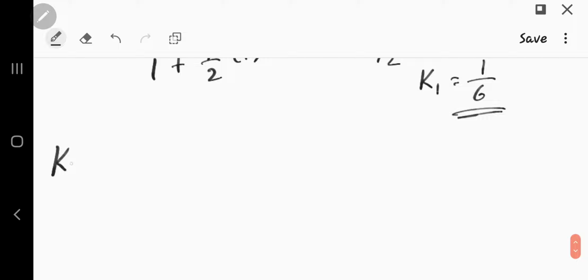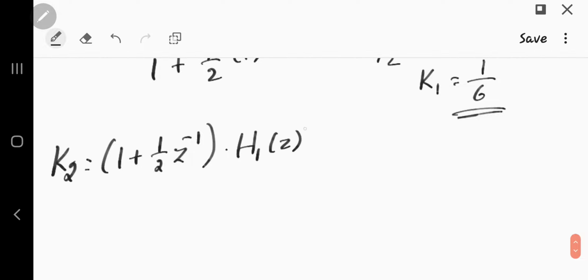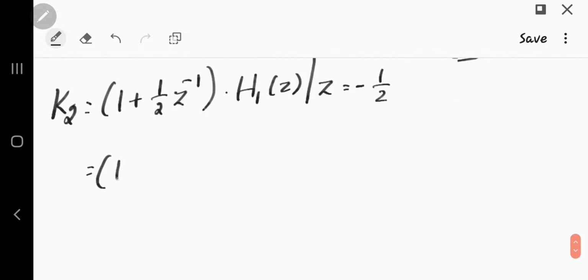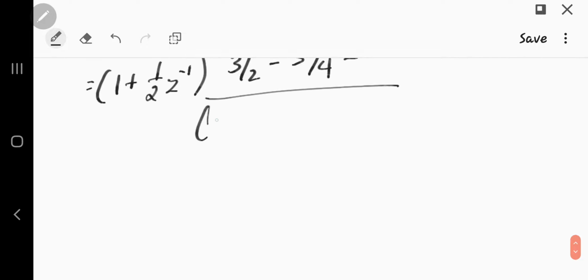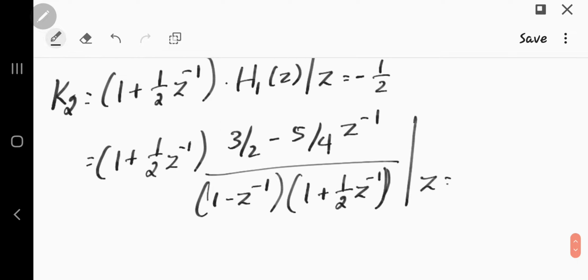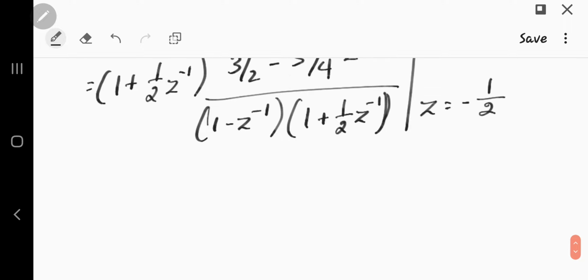Now K2 is equal to 1 plus 1 by 2 z inverse into H1 of z, where z takes the value minus 1 by 2. So 1 plus 1 by 2 z inverse, 3 by 2 minus 5 by 4 z inverse divided by 1 minus z inverse and 1 plus 1 by 2 z inverse, where z takes the value minus 1 by 2.